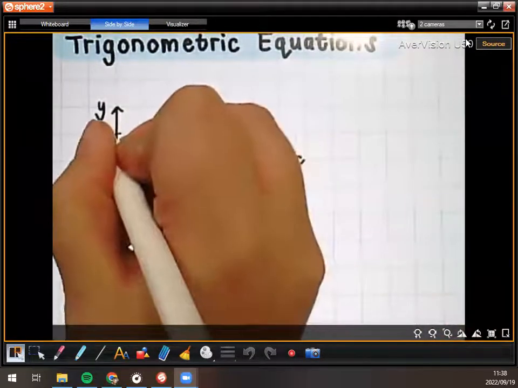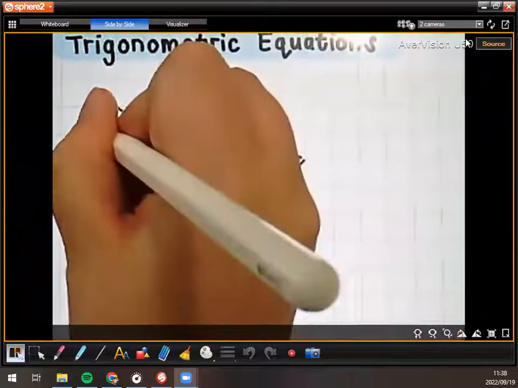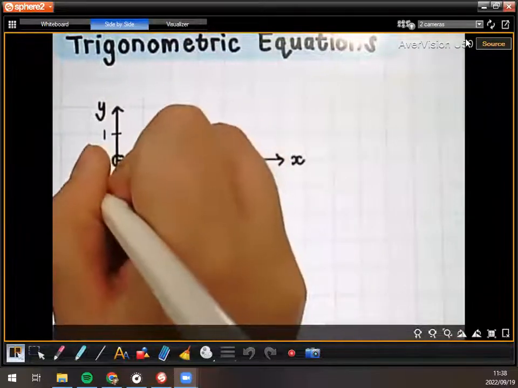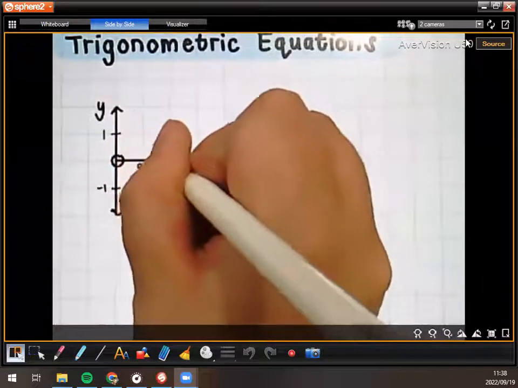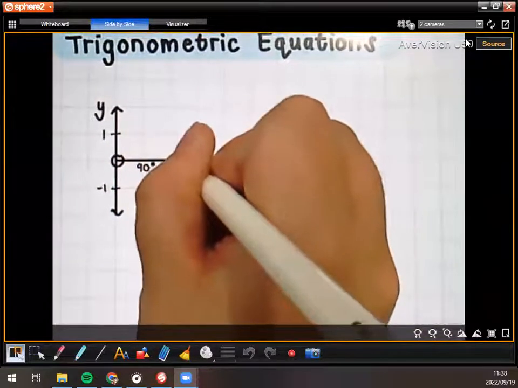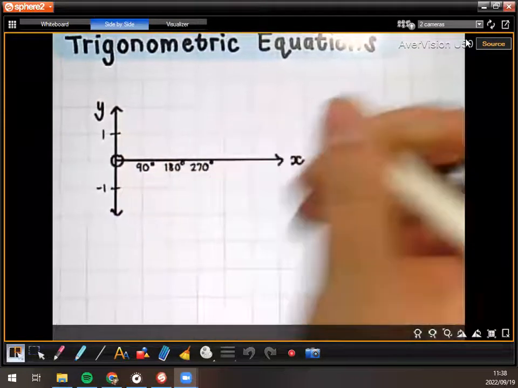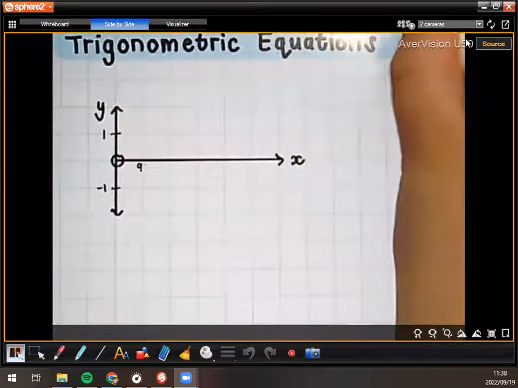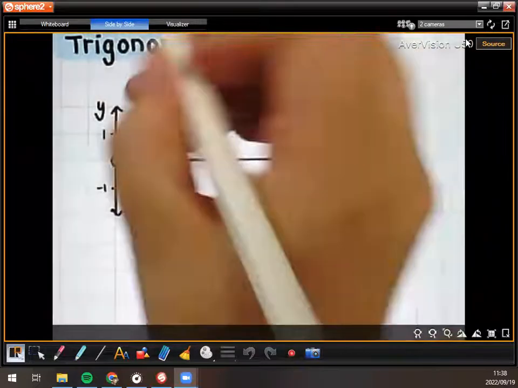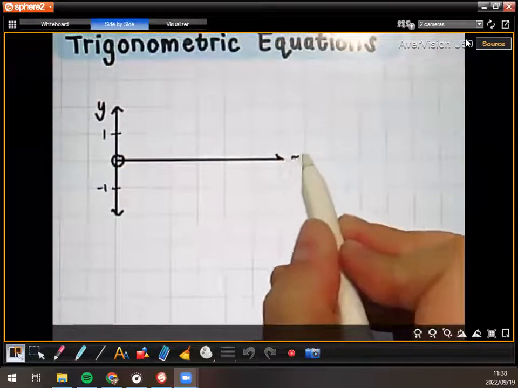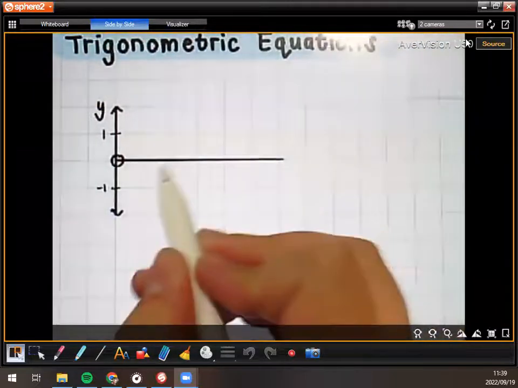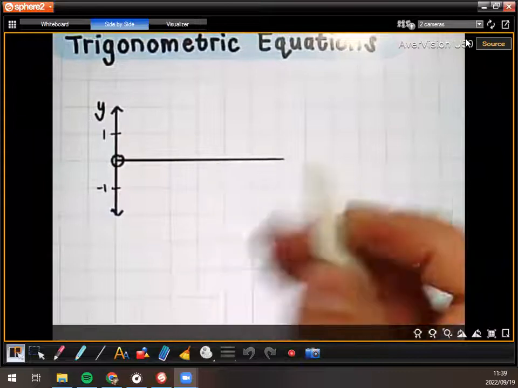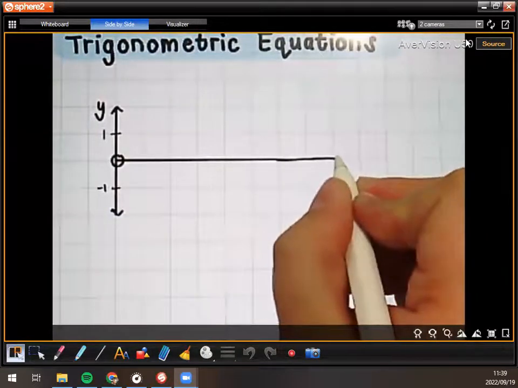So we're just going to go up to 1 and down to -1. I'm just going to make this line a bit longer. Let's do 90, 180, 270, and then 360.